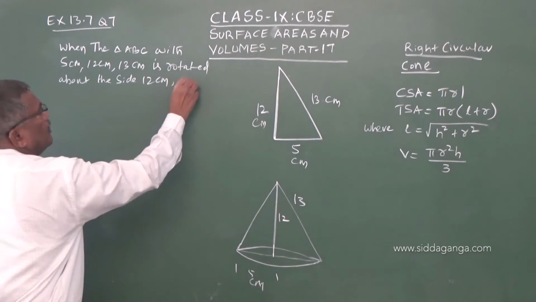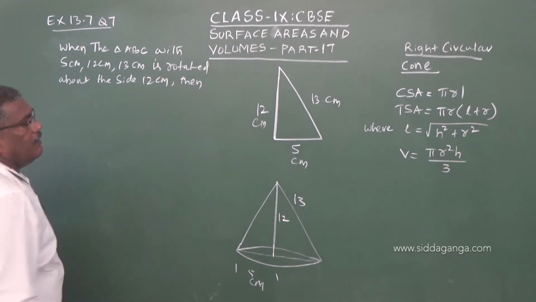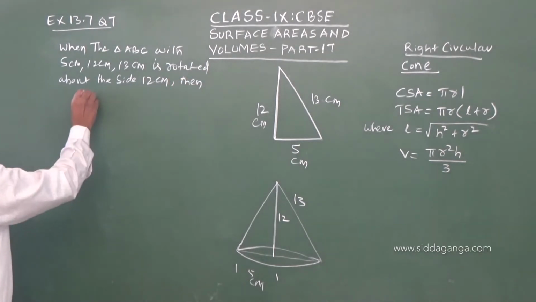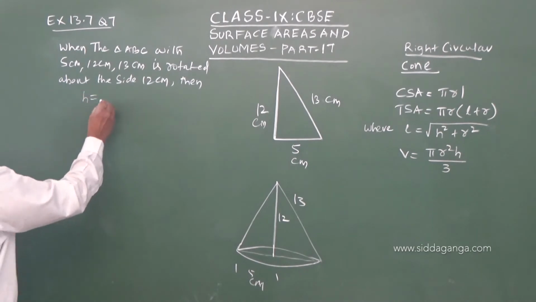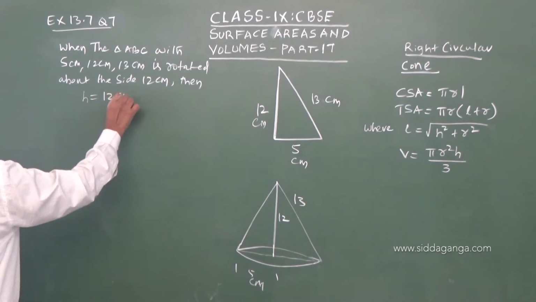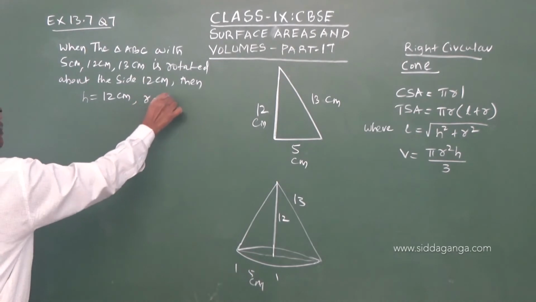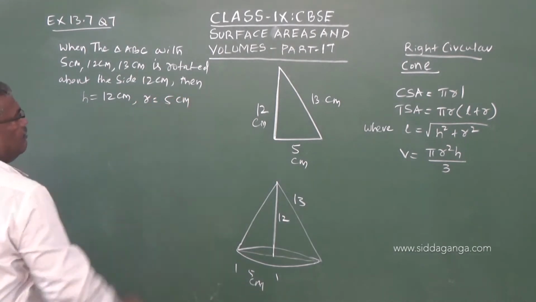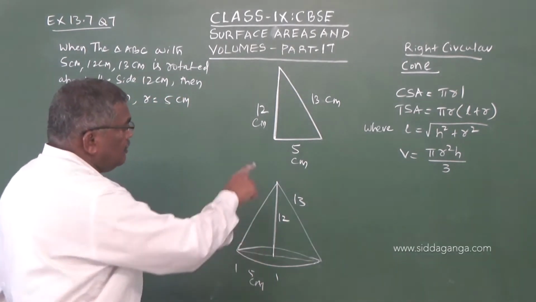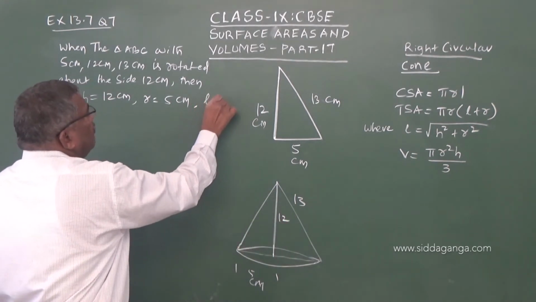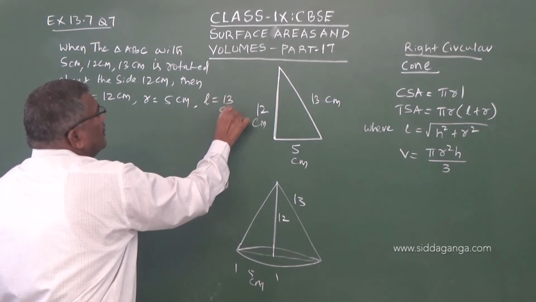Then h will be equal to 12 centimeter, r will be equal to 5 centimeter, and 13 will be the slant height, L equal to 13 centimeter.